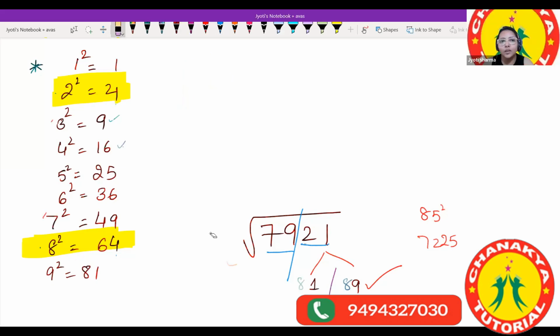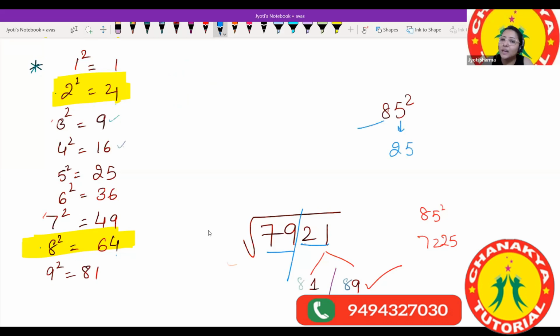Ma'am, it's taking time for me to multiply the numbers. Where are you taking time? Ma'am, 85 square we have to multiply. Karthik, have you taken all the classes? How many classes you have missed? 5 square, 25.